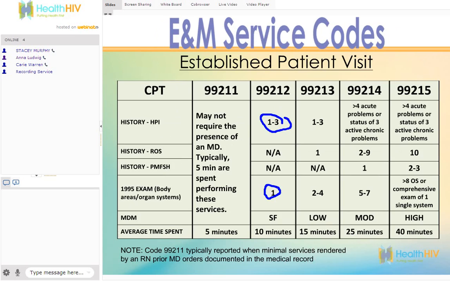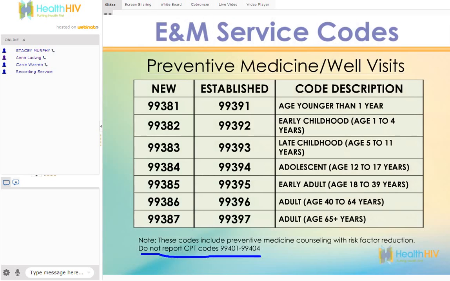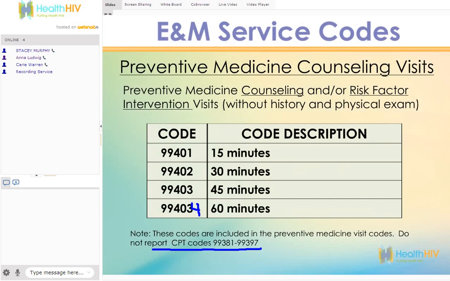The coding guidelines say yes, you can do that, but the payer may come back and say no, we're not going to reimburse when you report the two codes together. So it's very important that you follow up with the payer to get specific guidance from them, because they will guide you in terms of how you should be reporting your codes and what they're going to pay for and what they're not going to pay for.